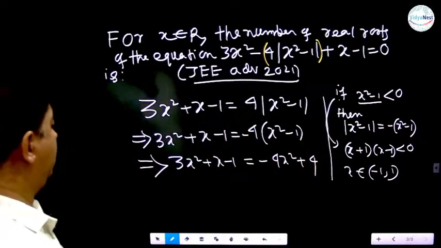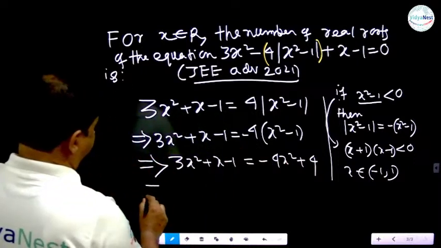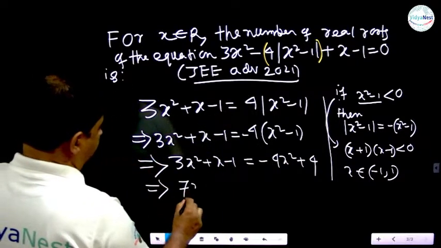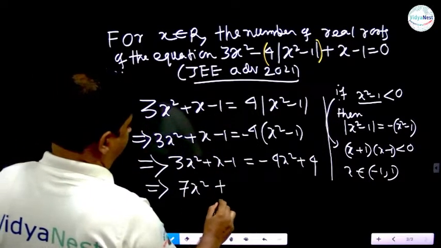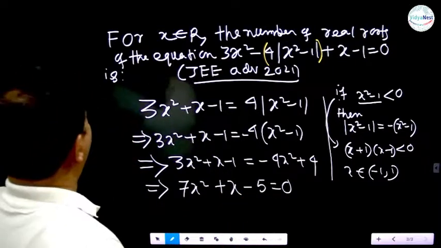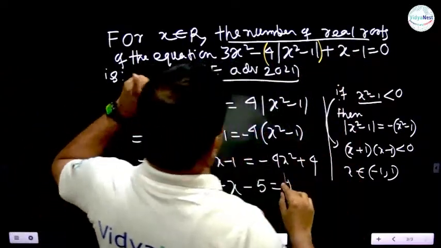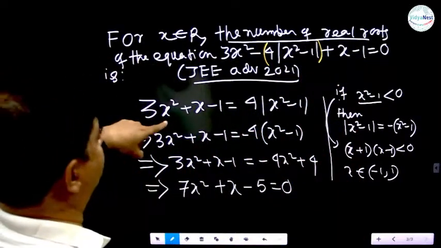Yes, sir. So you drag all the terms to the left hand side: 7x square plus x minus 5. Now you go to the language of the question. The number of real roots of the equation.